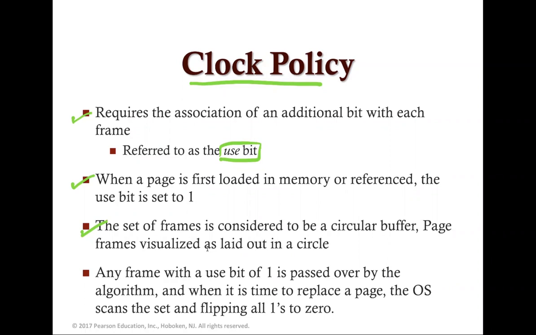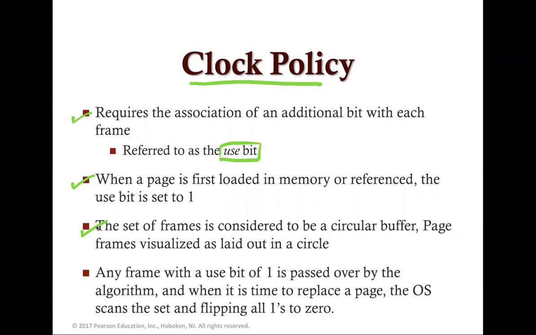The policy is referred to as a clock policy because we can visualize the page frames as laid out in a circle. A number of operating systems have employed some variation of this simple clock policy, including the Multics operating system.